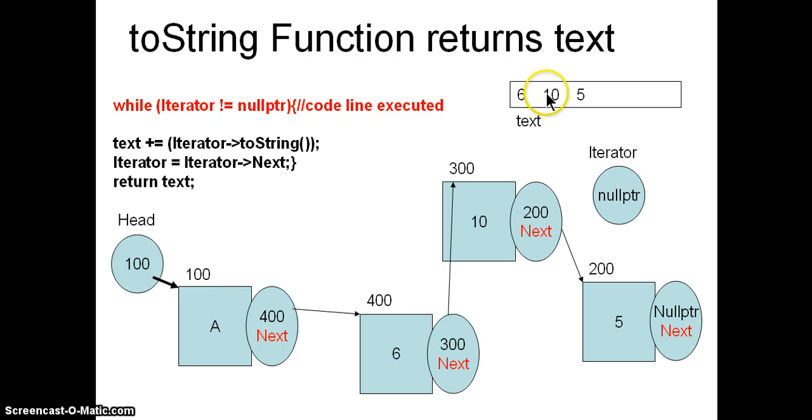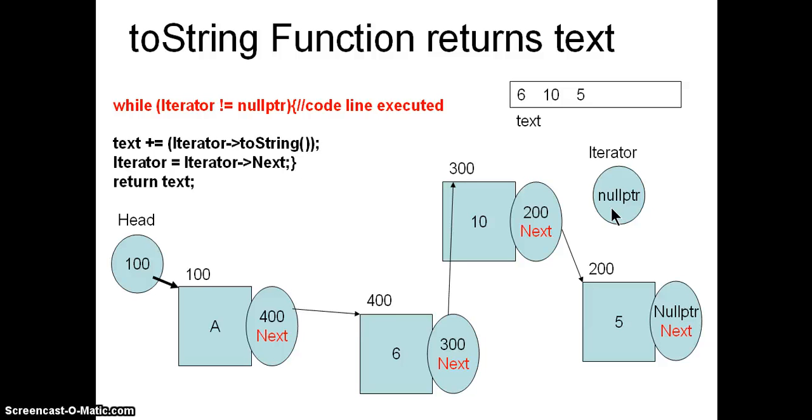We put 10 into the buffer and then had this pointer iterator store 200. That means it physically moved here. Then we added 5 to the text, and finally we had it store the null PTR, which is the next field here, and then the traversal is over.